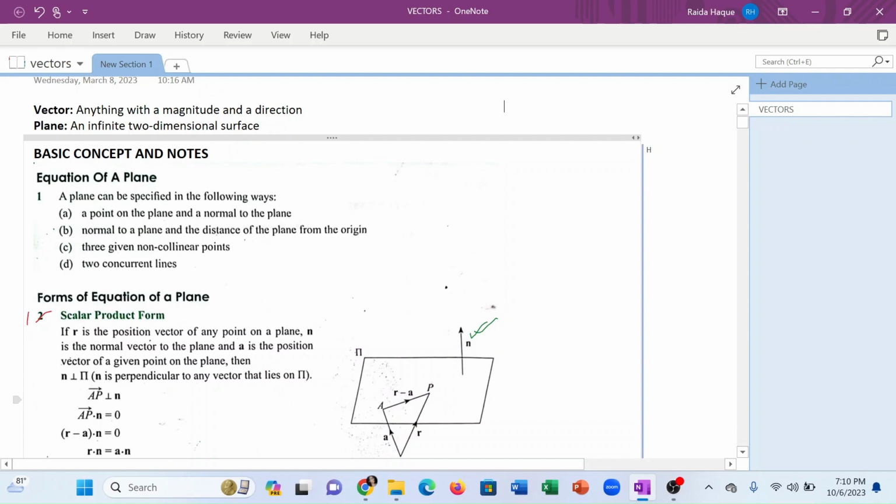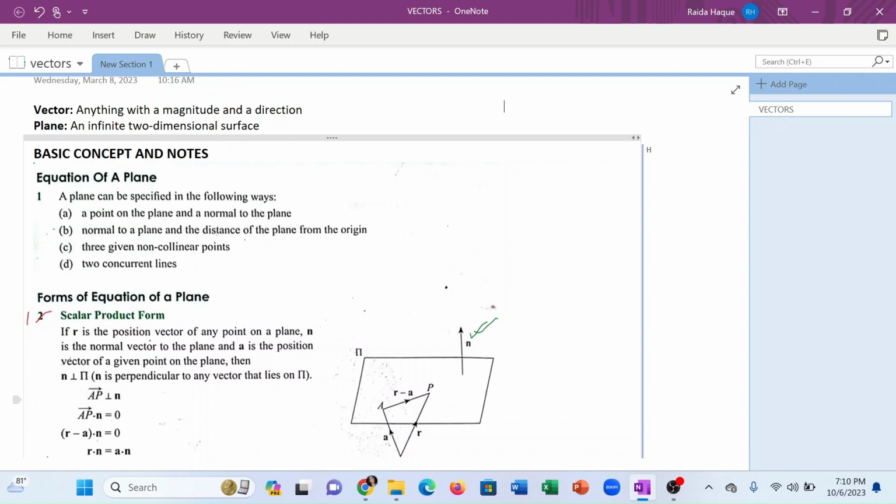The second minimum criteria is a normal to the plane and the distance of the plane from the origin, which is the 0, 0 point. Number C is that we need three given non-collinear points. What are collinear points? Collinear points are points which lie on the same line, so we cannot have all three collinear.